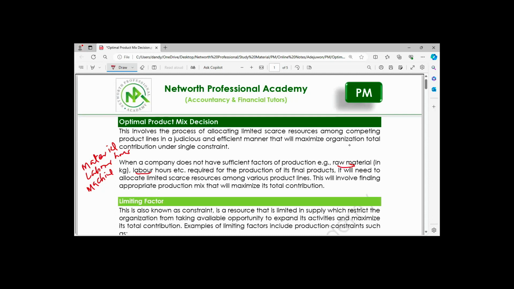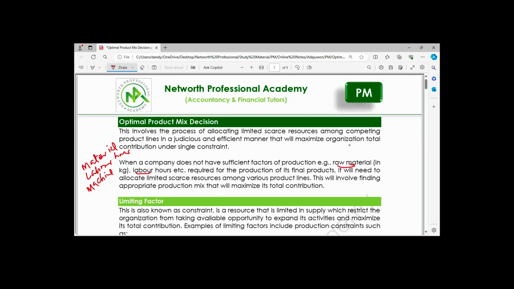So generally, what do you understand by limiting factor? Limiting factor is also known as bottleneck or constraints, okay? It represents anything that stands in the way of achieving an organization's goal or objective.